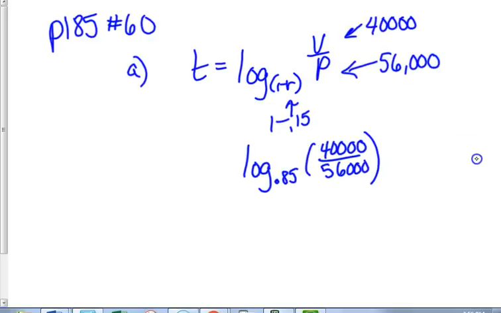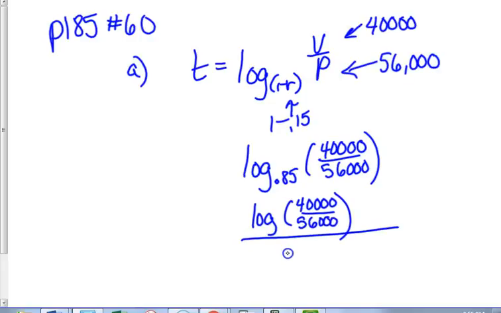On your older calculator, you'd have to type the log of 40,000 divided by 56,000. You use change of base and then divided by the log of 0.85. If you have the newer calculator, you can use that log base thing. Yeah, they have about 2 years. Is anybody else getting that? Did that come out for you, Morgan?